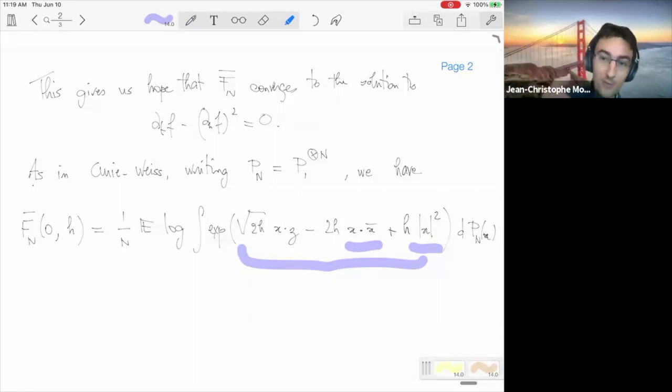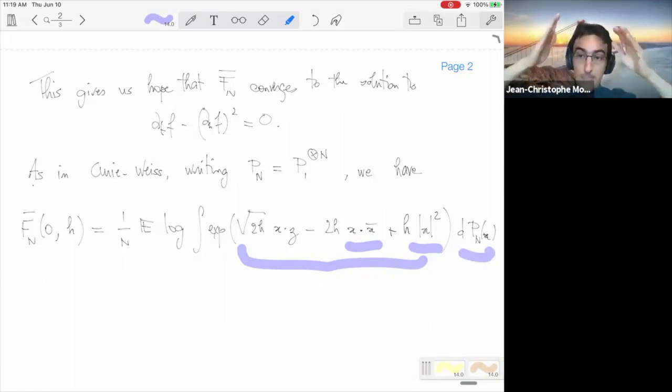So you can write the exponential of the sum as a product of exponentials. Then because the measure is also a product, you can just rewrite this as a product of all the integrals. And when you take the log, you get the sum of the logs of all the integrals. And when you take the expectation, it's all collapsing into the same computation done n times.